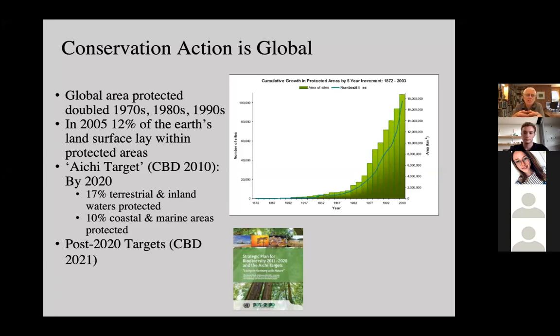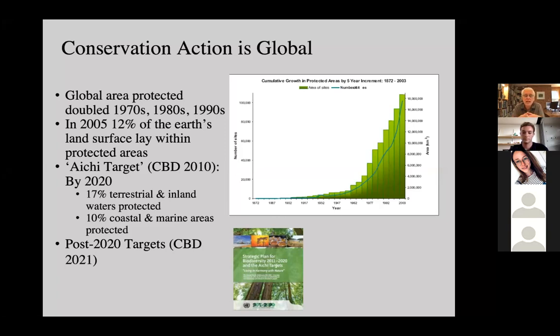So the area protected within nature reserves or national parks doubled in the 1970s, the 1980s, and the 1990s, and it's gone on increasing since. There are now about 16% of the Earth's land surface within protected areas.